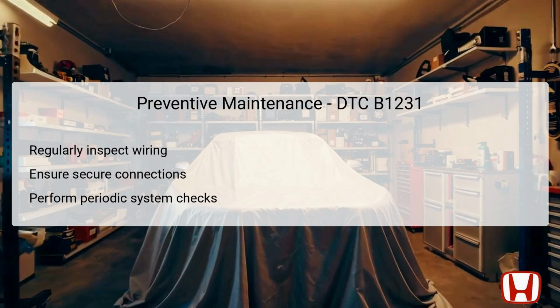Additionally, scheduling periodic system checks for the HVAC components allows for the early detection of irregularities in AC performance. By adopting these preventive measures, owners can enhance the longevity and reliability of the air conditioning system, ensuring consistent and effective operation throughout the life of the vehicle.